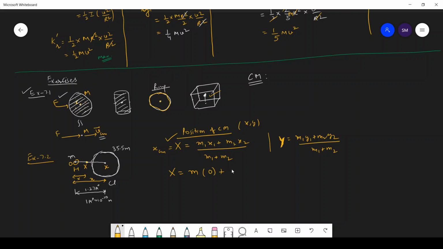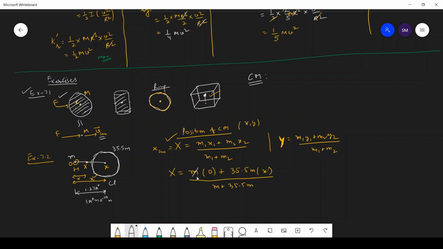Now m2 is 35.5 m, into x2, which is this distance of m2, that is x we have taken, divided by m1 plus m2, so m plus 35.5 m.